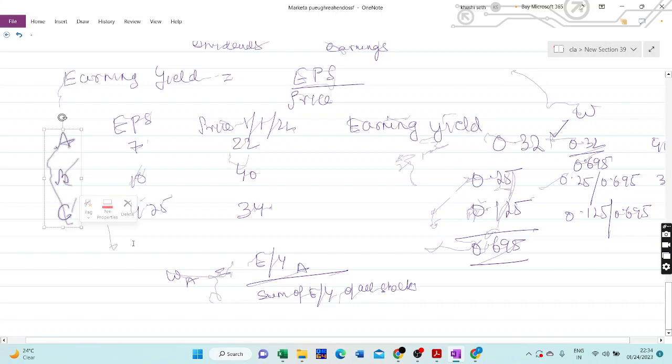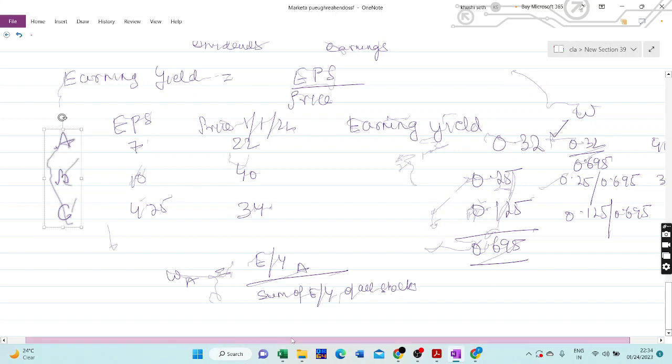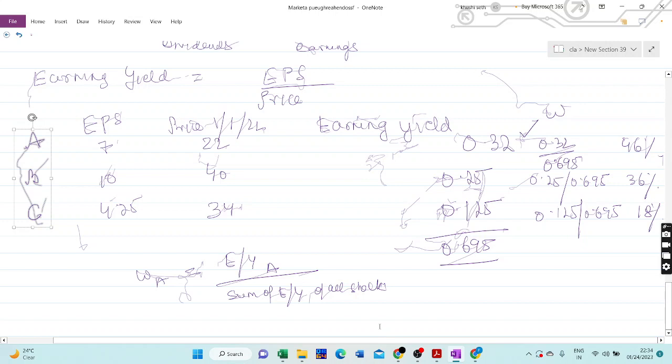Guys, do you get this? You would want to invest in stock A because it's generating the highest earnings per dollar invested.